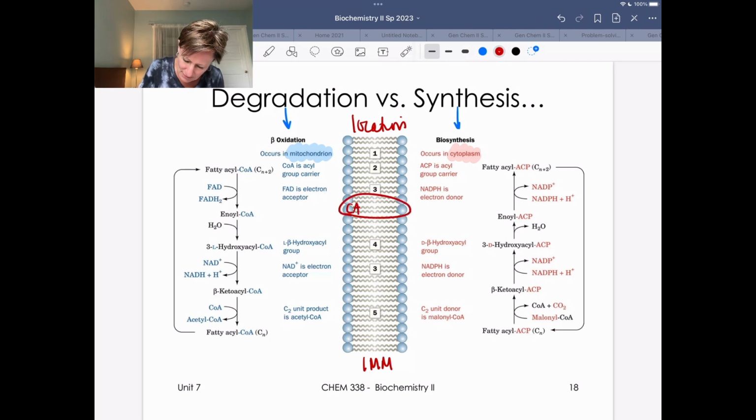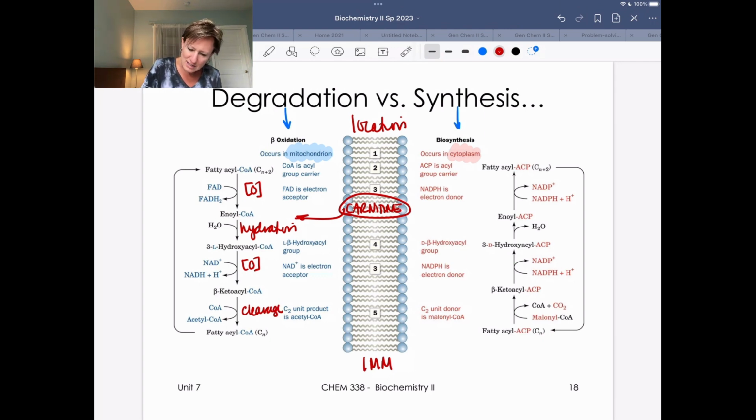We're going to have carnitine. Carnitine is how we get these fatty acids into the mitochondrion. Once they're in there, they take off their carnitine hat, put back on their CoA hat, and then we're going to do oxidation, hydration, oxidation, and then cleavage. That's the 4-step mantra I want you to remember.